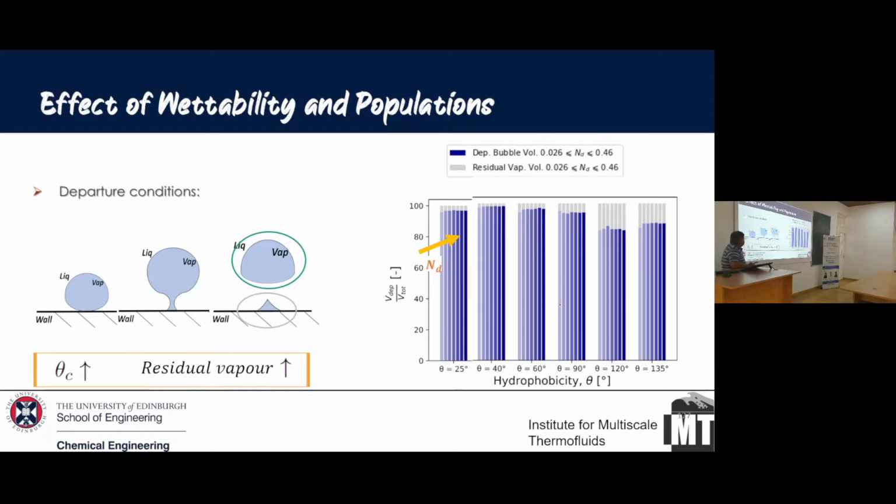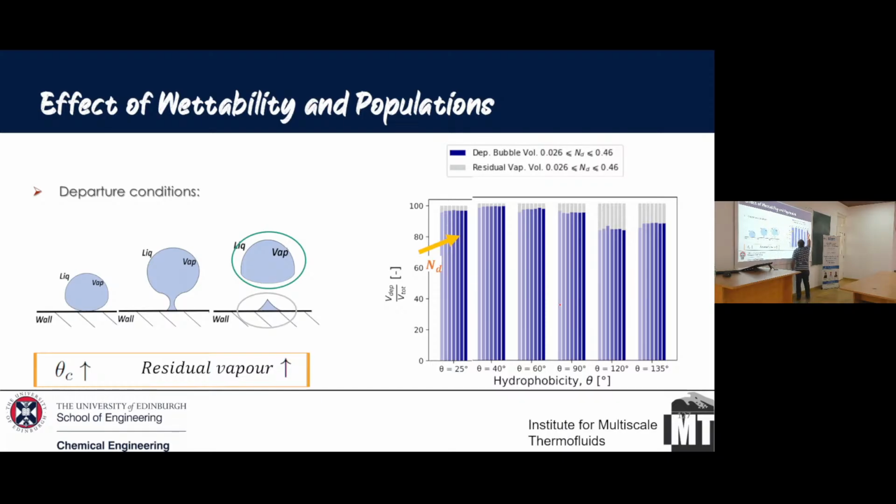However, if you change the wettability of the system, you will find that if you go for theta equal to 135 degrees or 120 degrees, you've got a large amount of film left behind. But again, none of this changes with respect to the number of bubbles. This is the number of bubbles, and as you keep increasing it, this hardly fluctuates much. Essentially, the hydrophobicity or hydrophilicity of the substrate determines the amount of film left behind.